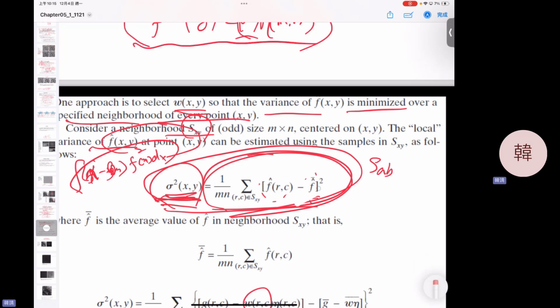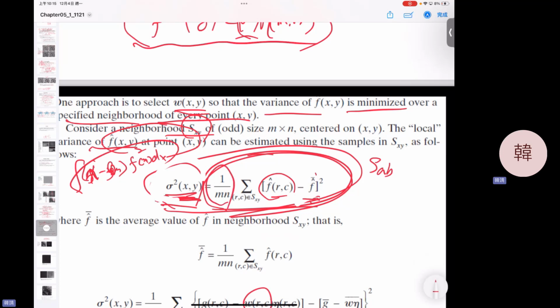We are looking at the variation of this image area, so we calculate the variance, sigma squared. In probability, how do you define the variance of f(x,y) at a specific point? You take the value f minus the average of this sub-image, square it, and then take the average. That's the variance.